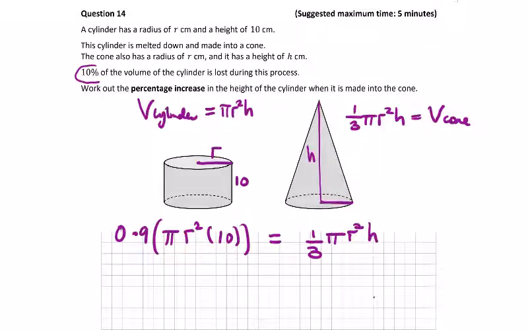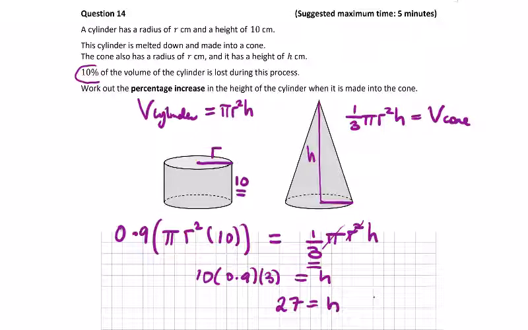So the r squareds and the pi's will cancel here, so we're going to get 10 by 0.9, which is 9, times the 3 on the bottom here, so that's 10 by 0.9 by 3 is equal to this h on the right. Works out quite quickly actually. 27 is equal to the new height.